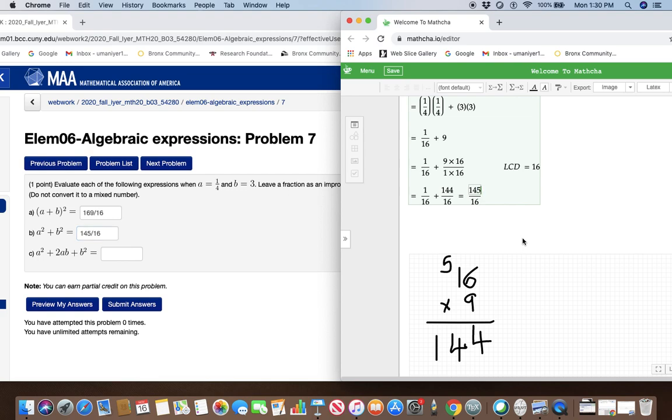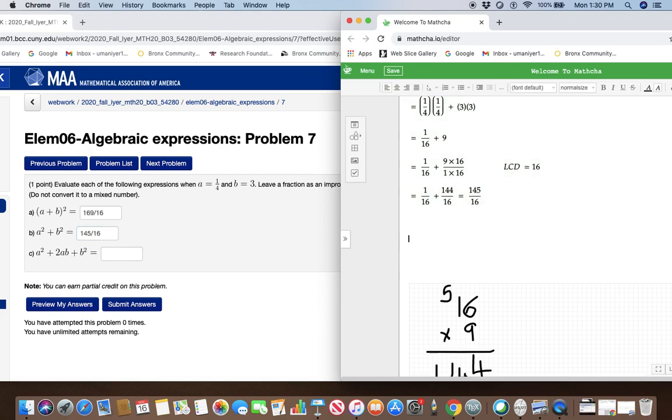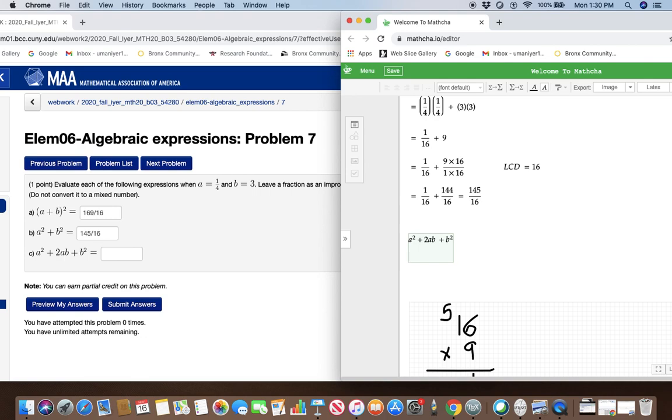All right. Now the next one. A squared plus 2ab plus b squared. Okay, where I see variables, I write parentheses. Then fill in the parentheses.